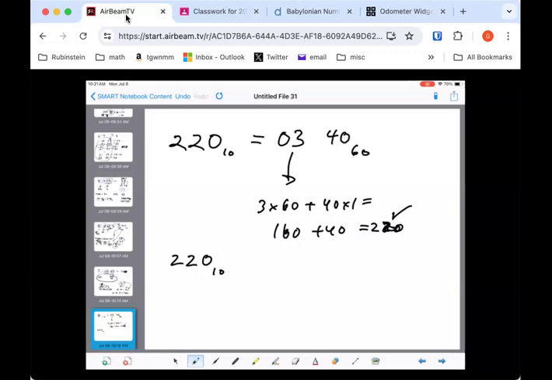So I'm just going to make a note that 220 is definitely less than 3,600, but bigger than 59, which means we should expect our answer to only have 2 base 60 digits. They don't call it decimal, by the way, they call it sexagesimal.